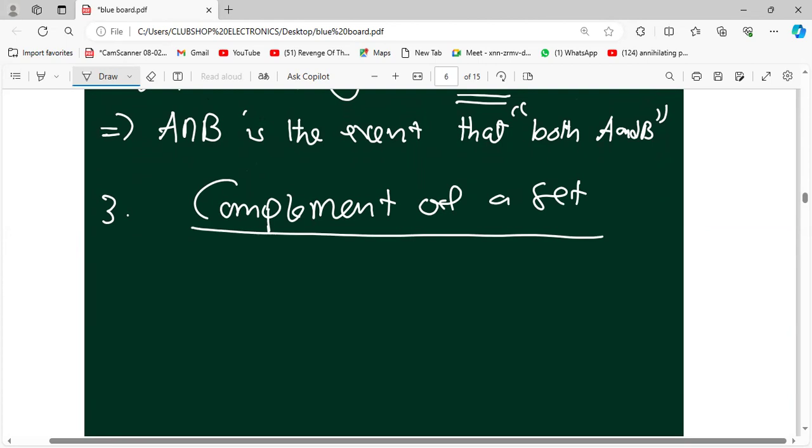If a set A is a subset of a sample space, then a complement means the elements not contained in A but are within the sample space. So a complement means all the elements in the sample space, excluding those in say A, as simple as that.